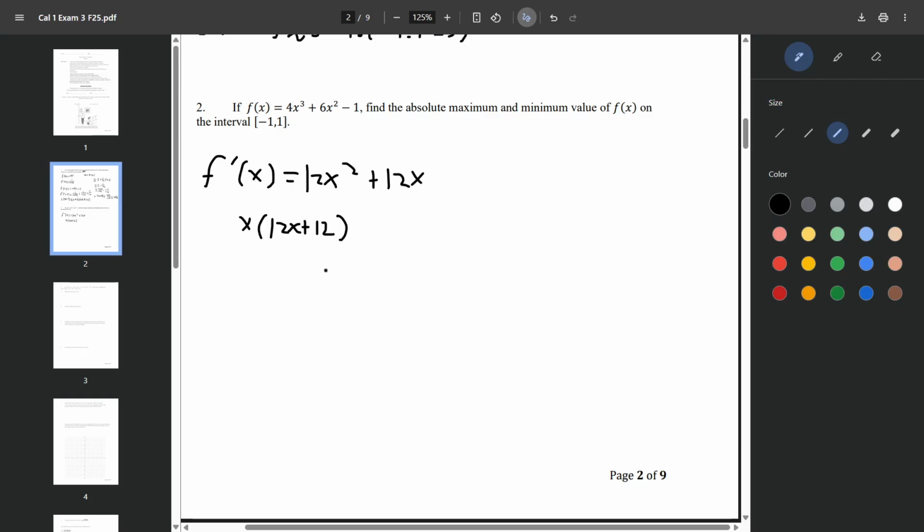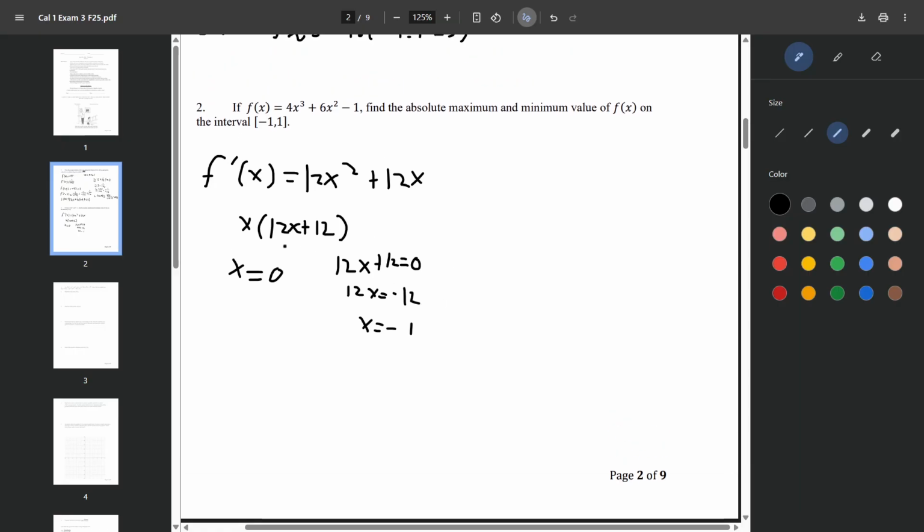And so now we will find when this equals 0. Right here we can see that when x equals 0, the entire equation will equal 0. So x will equal 0. And now we need to find when 12x plus 12 equals 0. So 12x equals -12, and so x will equal -1.